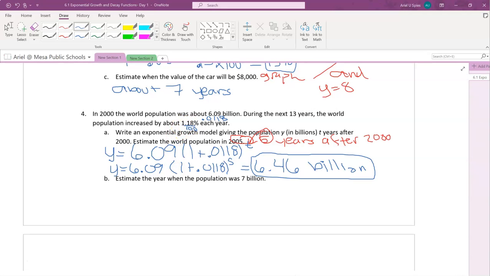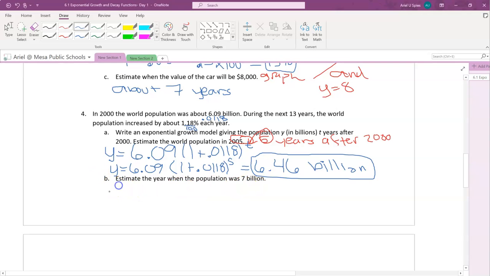To turn it into a decimal, or you can move it to the left. Okay. And then the last one wants me to estimate the year when the population was 7 billion.